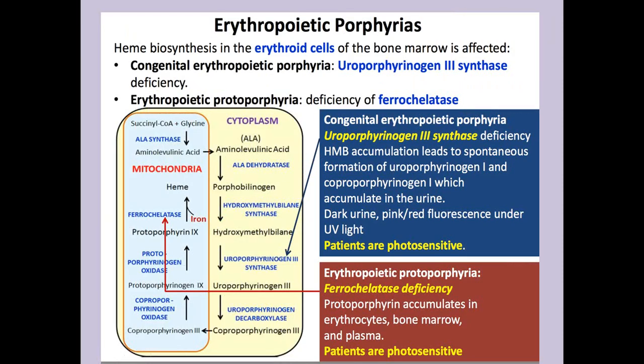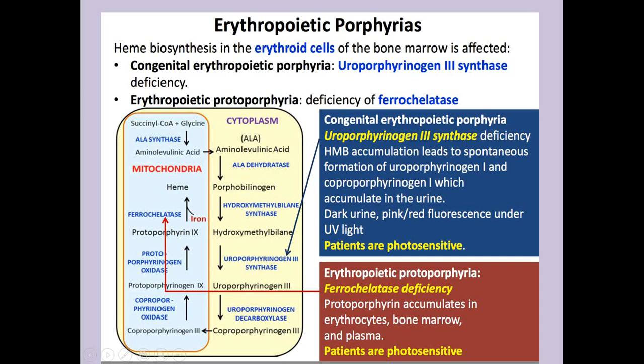In erythropoietic porphyria, heme biosynthesis in the erythroid cells of the bone marrow is affected. It is of two types: congenital erythropoietic porphyria, in which uroporphyrinogen III synthase is deficient, while in erythropoietic protoporphyria there is deficiency of the enzyme ferrochelatase.